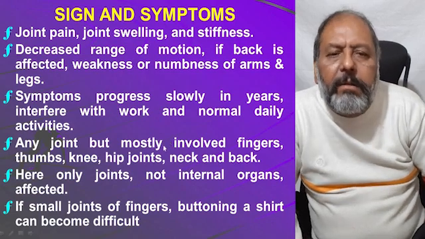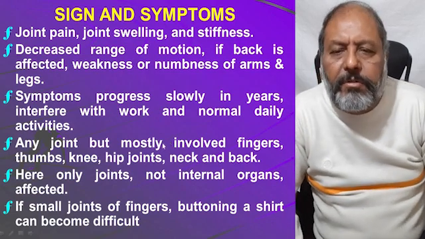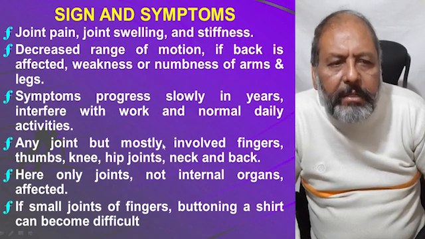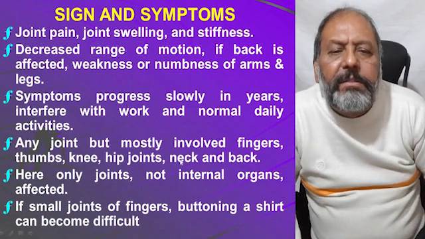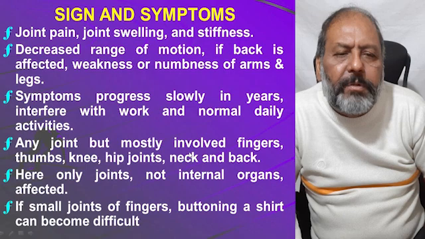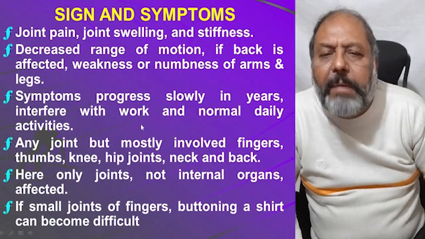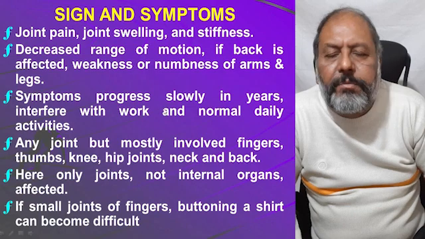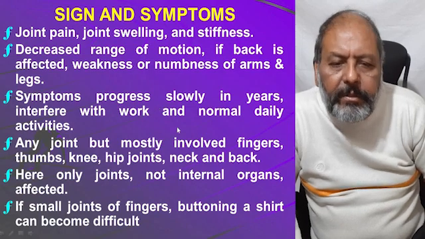Now coming to the signs and symptoms of osteoarthritis. There is joint pain, joint swelling and stiffness. There is decreased range of motion because of the pain, and if the back is affected, weakness or numbness of the arms and legs has been reported.